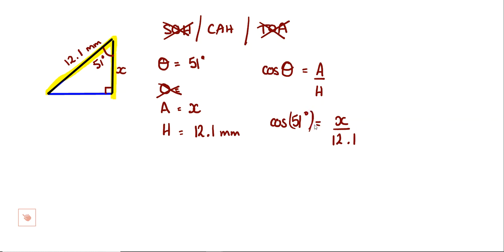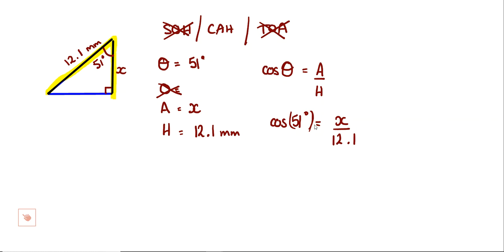What was the way of saying cos 51 correctly? Cosine of the theta. So cosine of the angle, yeah? Is equal to x divided by 12.1. But it's that thing of cosine of the angle. What's the angle in this question?